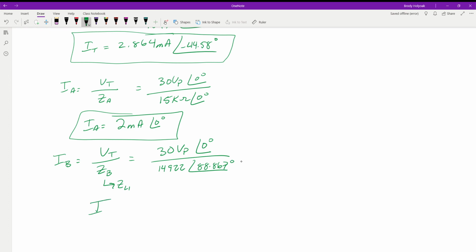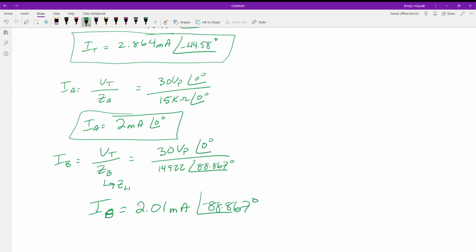And the current we get through B is equal to 2.01 milliamps at an angle of negative 88.867 degrees. And that's one of the cool parts about these, is you'll see these values coming across.